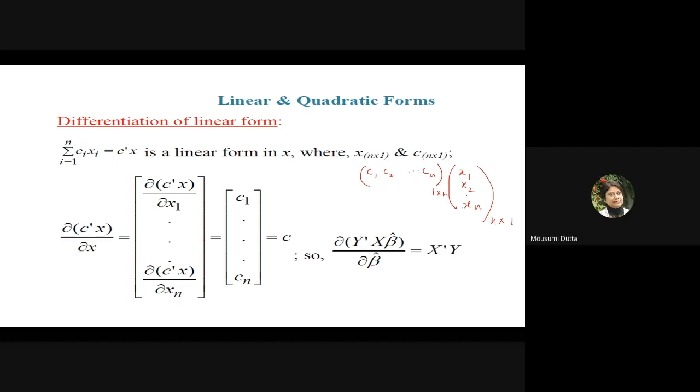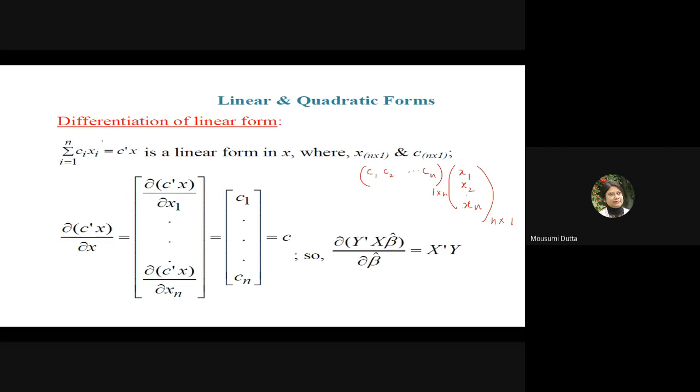So we have C prime x, this kind of structure. Now when we take the derivative with respect to x, we get the term del C prime x by del x. This means C is a column vector. So column wise, we are taking differentiation of this entire sum, that is the sum of Ci xi. First in terms of x1, then in terms of x2, and finally in terms of xn.